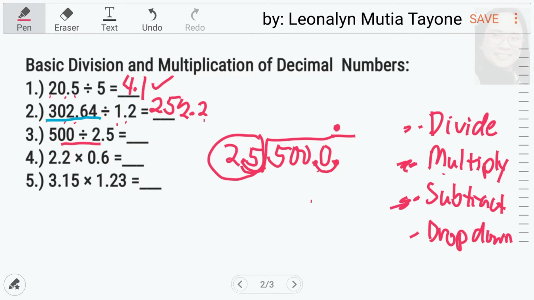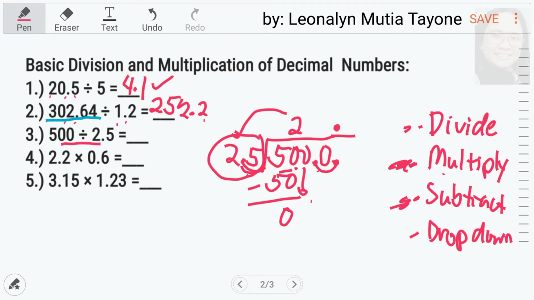Now, let's proceed. 50 divided by 25, again, ulitin natin. Ang divisor natin ay 25. So, ang 25 mas malaki pa sa 5, so magdagdag pa tayo ng 0. Now, ang 50 ma-divide na sa 25. 50 divided by 25, and that is 2. Next, mag-multiply tayo. 2 times 25, that is 50. Next is subtraction. 50 minus 50, that is 0.